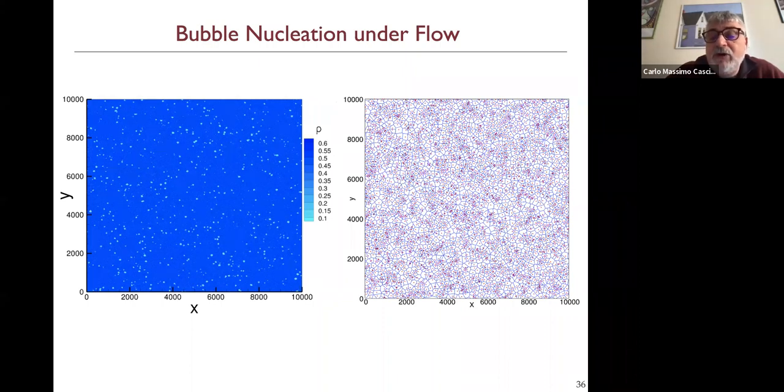So basically what we do, we build this Voronoi tessellation, and of course where the area of the Voronoi polygon is larger, it means that locally there is a less dense distribution of nuclei. Where the area decreases, the density increases.